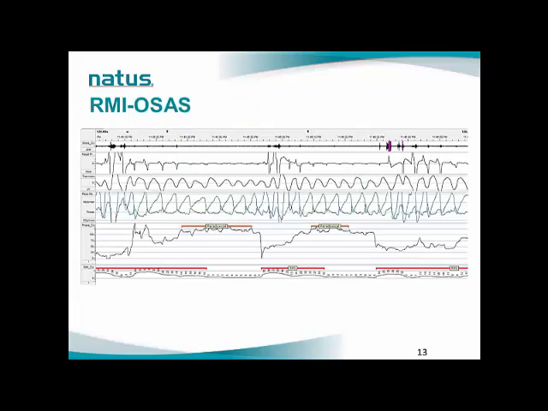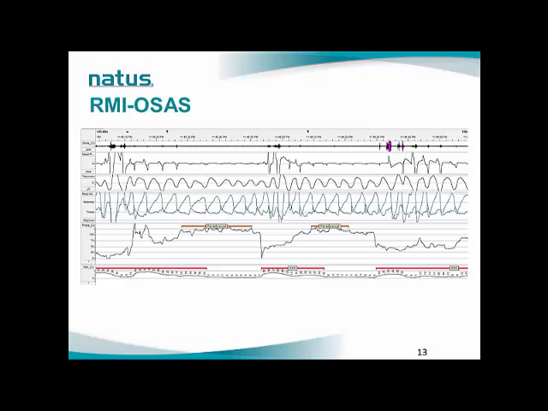In this slide, we have the snore channel, nasal pressure, thermistor, thoracoabdominal traces, phase, and RMI. Looking at the thermal signal, it's evident that there are no apneas. Looking at the nasal pressure, it is obvious that there are hypopneas.